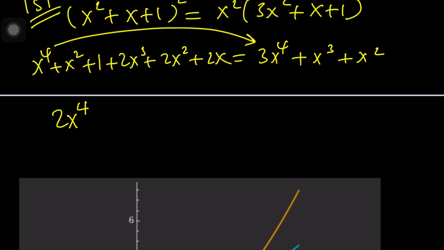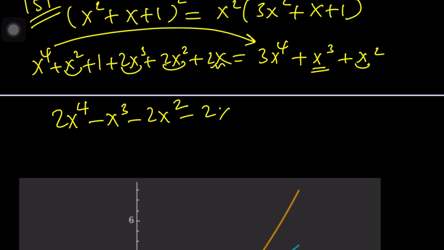And then we have 2x cubed and then 1x cubed. So that's going to be a minus x cubed. 2x squared plus x squared is 3x squared. If you subtract it from 1, you're going to get minus 2x squared. And that takes care of everything except for this x here, which is going to be coming over to the right hand side as minus 2x, and finally we have minus 1 equals 0.